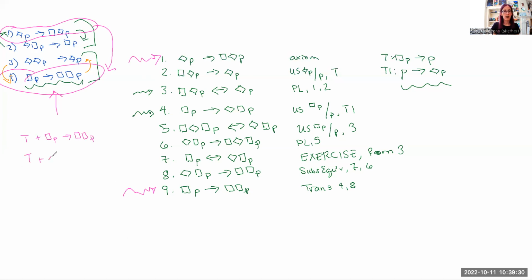And then T plus necessarily P implies necessarily necessarily P will get us another, stronger system, because from this system you will be able to prove this one. Now, this is a whole bunch of proofs and equivalences and implications and everything, but this provides us with the motivation for the next two systems that we are going to look at. They're going to be system 4 and system 5.